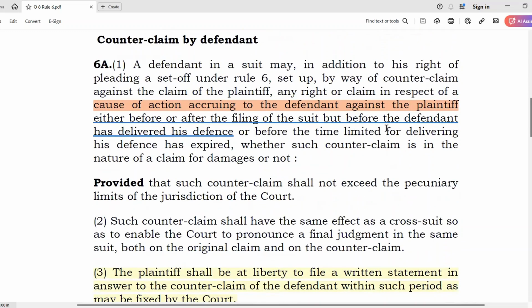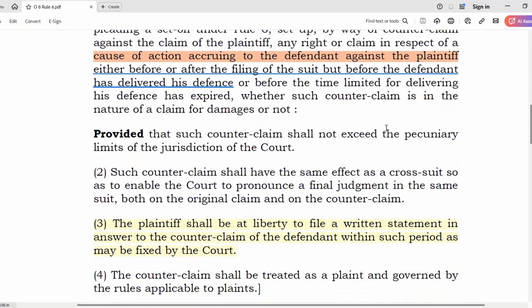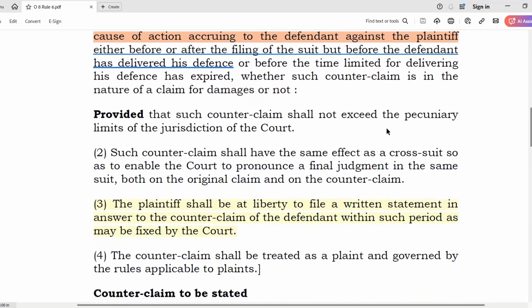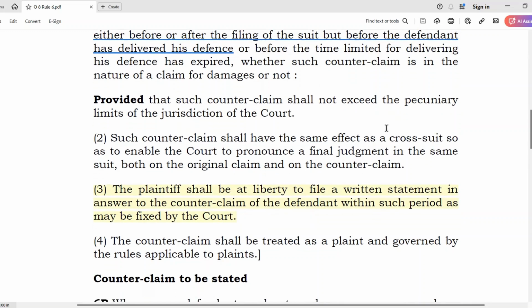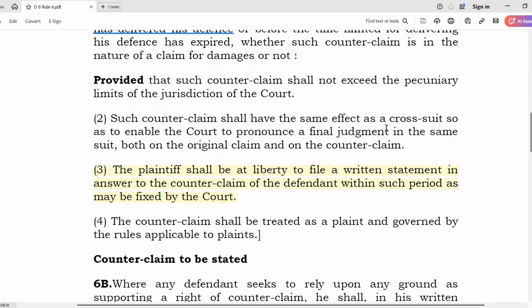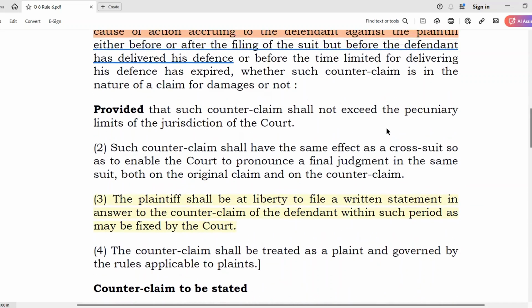Another difference between set-off and counterclaim is that a counterclaim can arise before or after filing of the suit by the plaintiff. Let's understand with an example. Suppose the plaintiff filed suit on 1st April 2024, and the cause of action for the counterclaim arises on 15th April 2024.